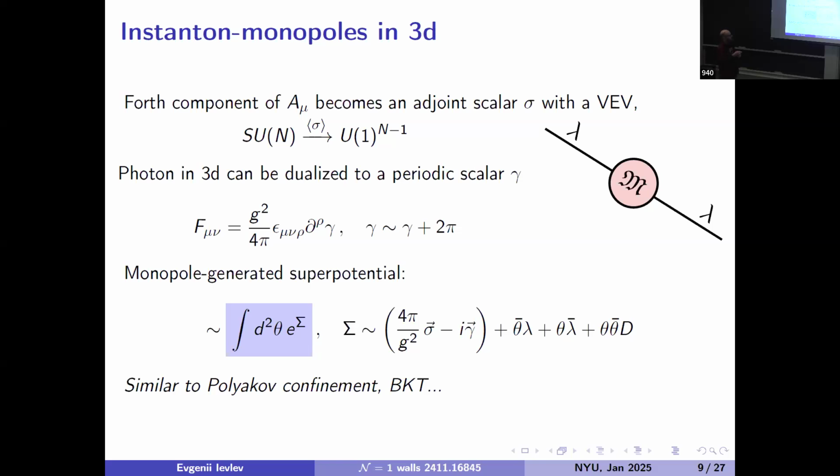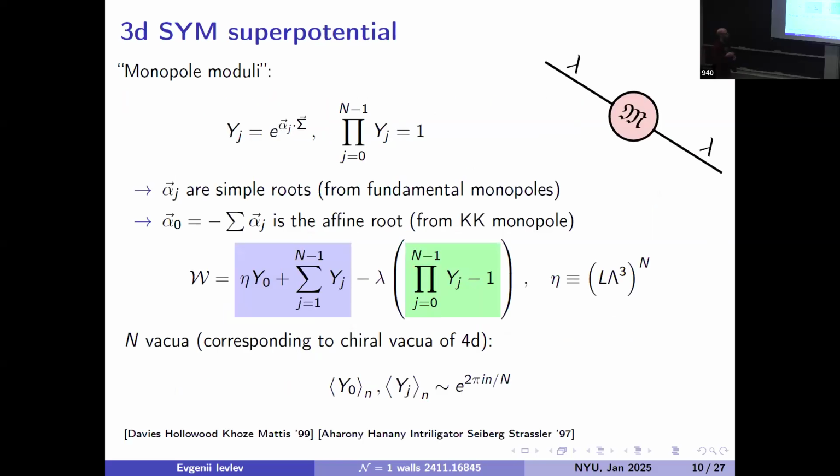As I mentioned, the scalar gamma is periodic, and it enters with an imaginary unit here. So the most natural variable is the exponential of that. The most natural variables are these y's, which are called monopole moduli, and for arbitrary gauge groups, these are just expressed through roots of the gauge group.